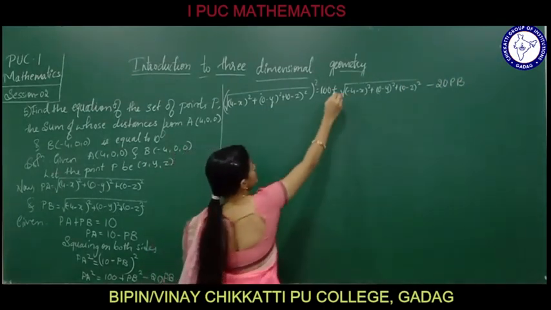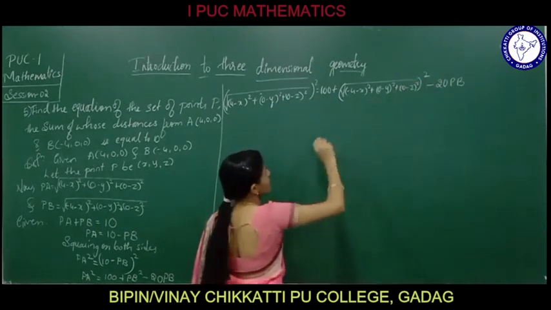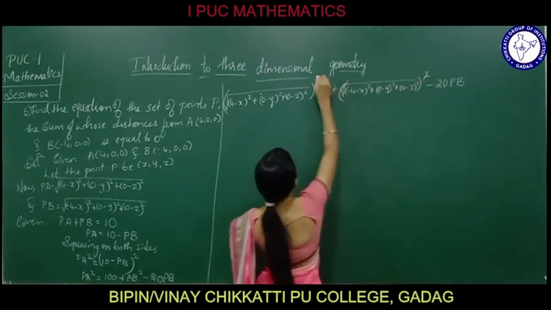Now the left side is a square, right? Square and root got cancelled.